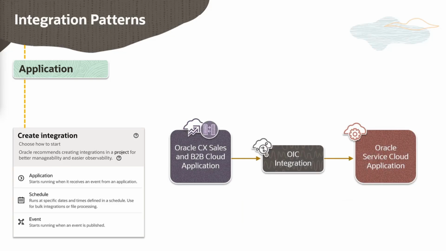For example, you could ensure that an Oracle Service Cloud application is updated with information based on data sent from an application pattern integration that was triggered with an event subscription to the adapter for the Oracle CX Sales and B2B Cloud service.